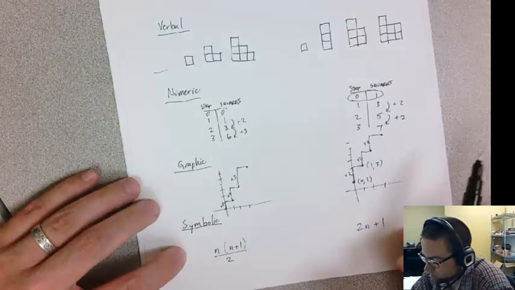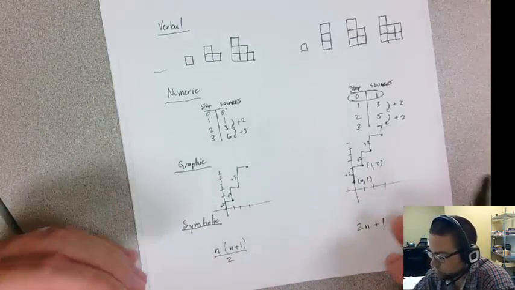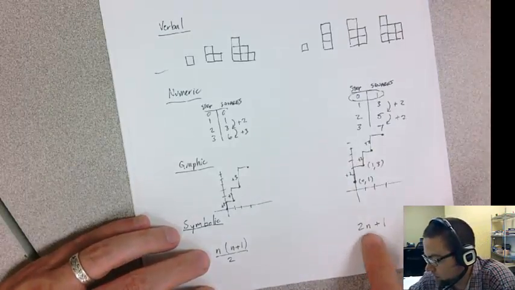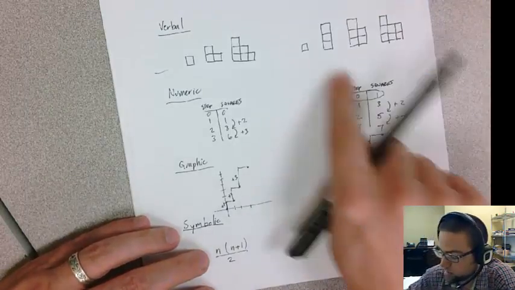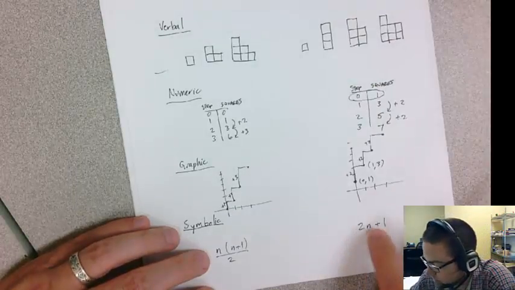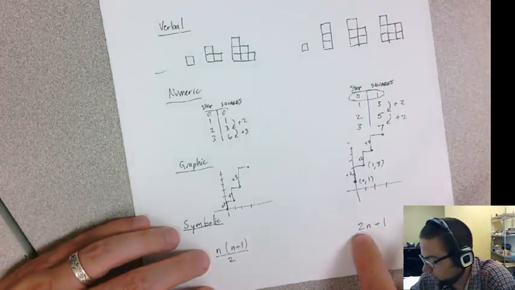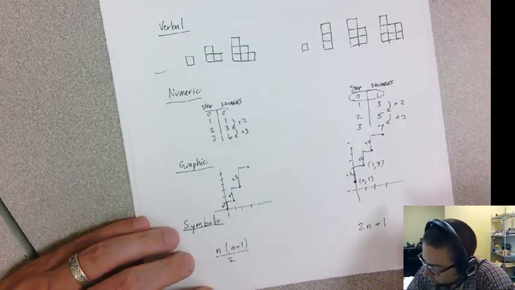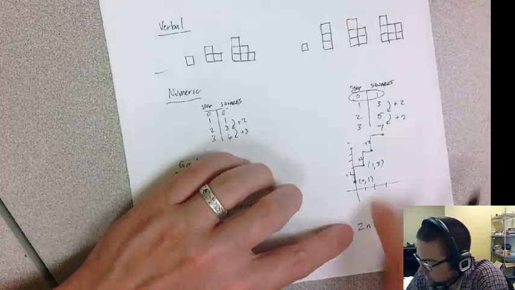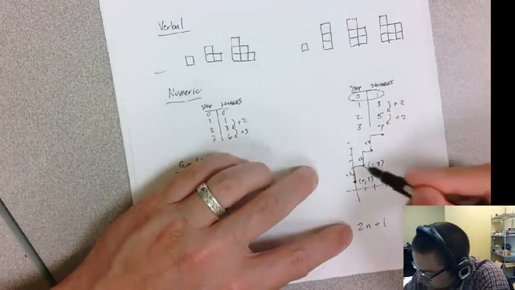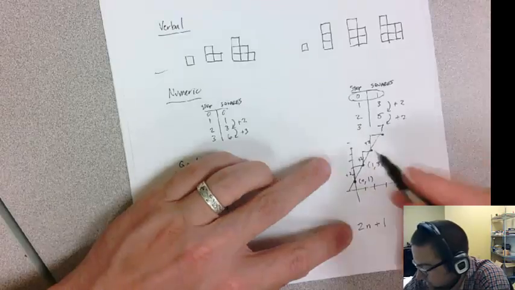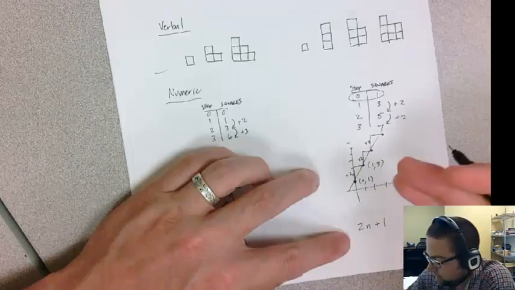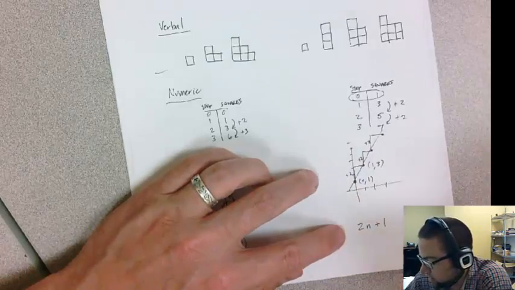Now finally the symbolic. This one has the most power because you can predict way out in the future where this graph is going to go. So if I say at the 100th step, where is it going to be? I just plug in 100 for n, and I can find that out. This is a linear system, so this has a constant rate of change. If it's constantly changing, plus 2, plus 2, plus 2, well, that's the same as repeatedly adding 2, right? So repeatedly adding 2 is the same as multiplying by 2.